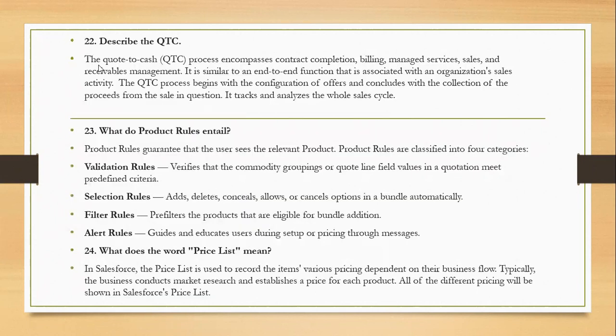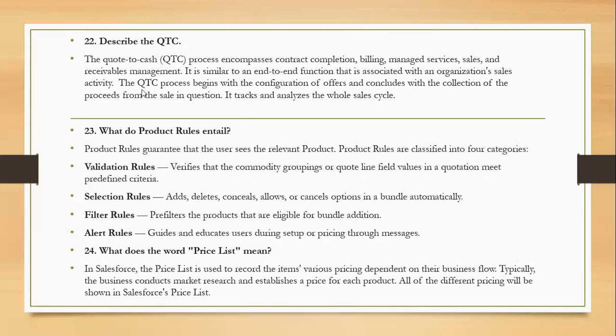Next question. Describe the QTC. The QTC, or quote to cash process, is the income process: contract, completions, billing, managing the service sales, and receivable management. It is similar to the end-to-end function that is associated with the organization's sales activity.